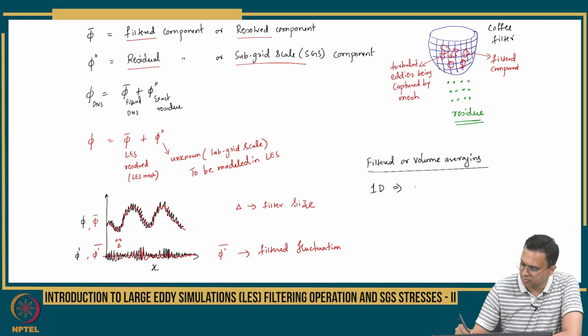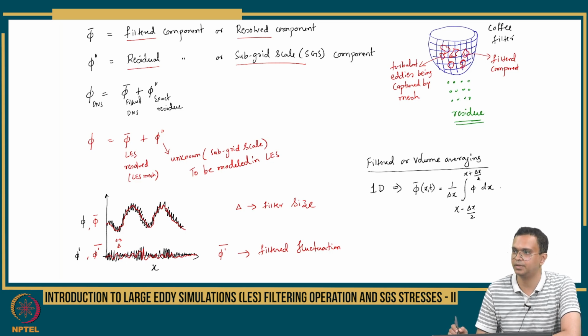In 1D, the phi bar of x comma t will be equal to 1 over delta x, the filter size in the x direction, integral from x minus delta x by 2 to x plus delta x by 2 of phi dx. This is the filtering or volume averaging that you are doing, where delta x is the filter size along the x direction.